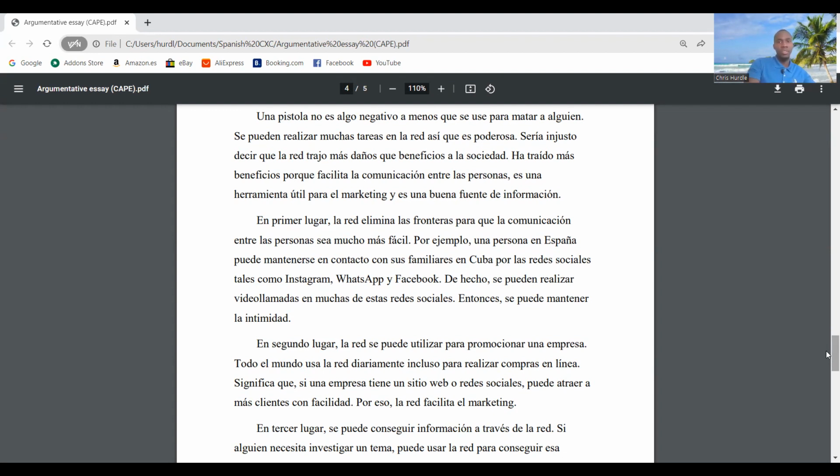Por ejemplo, una persona en España puede mantenerse en contacto con sus familiares en Cuba por las redes sociales, tales como Instagram, WhatsApp y Facebook. For example, a person in Spain can keep in touch with their relatives in Cuba through social media like Instagram, WhatsApp, and Facebook.